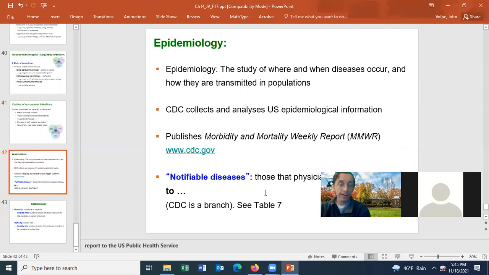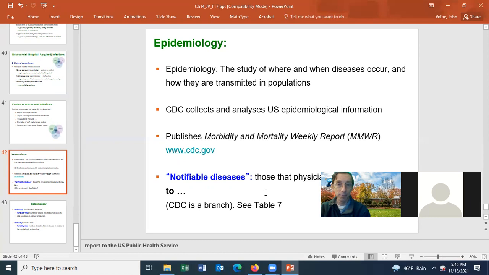If there's no questions, let's change topic again and switch to epidemiology. Epidemiology is the study of where and when disease occurs and how the diseases are transmitted in populations. The CDC collects and analyzes US epidemiological information.